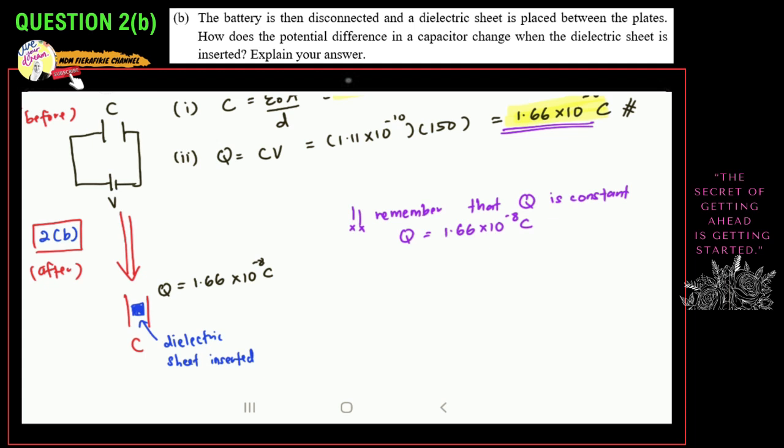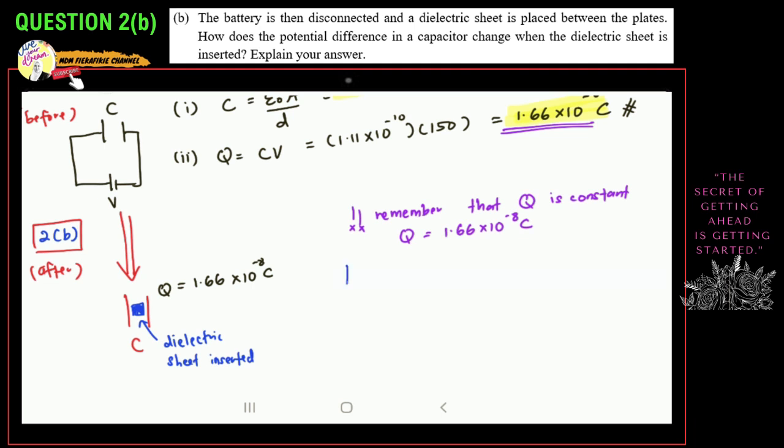If you watched the previous video, set 1, I wrote about the relationship between the initial capacitance and the final capacitance after we insert the dielectric material.